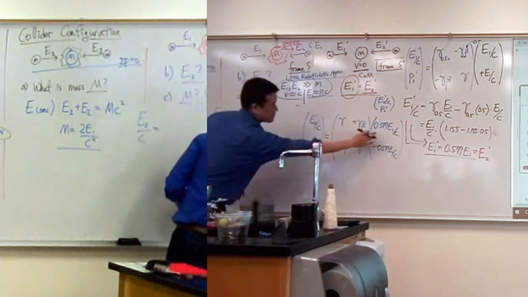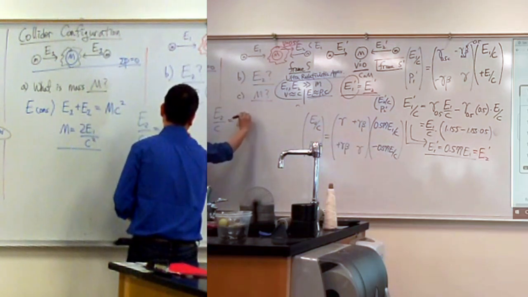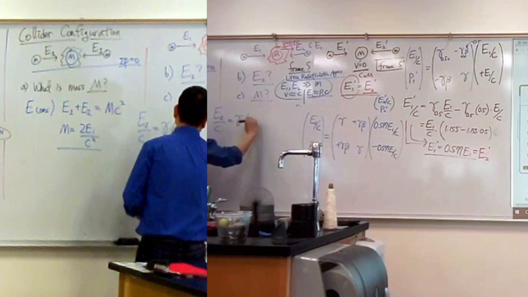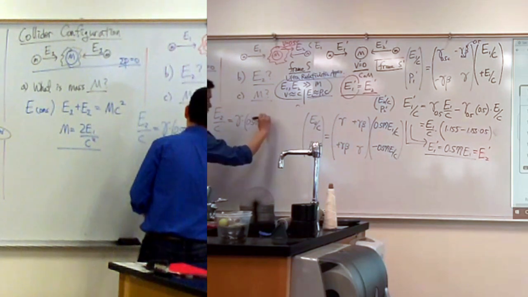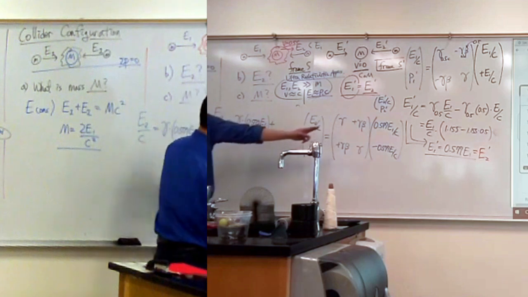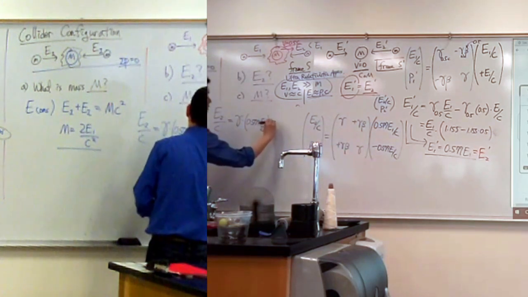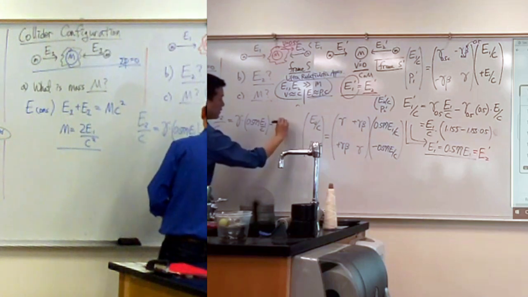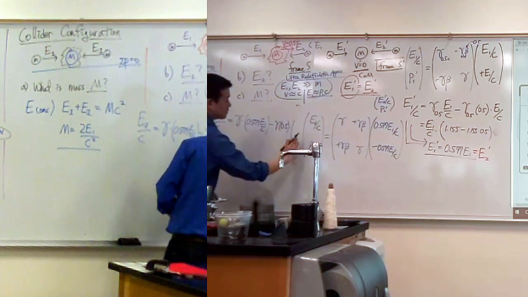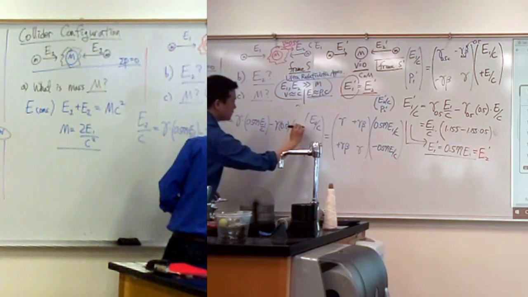That's gamma times this. So gamma times 0.577 E1 over C plus, but oh, there's a minus sign. So it's minus gamma times beta, which is 0.5 times 0.577 E1 over C.